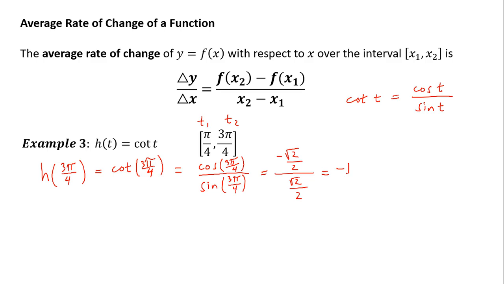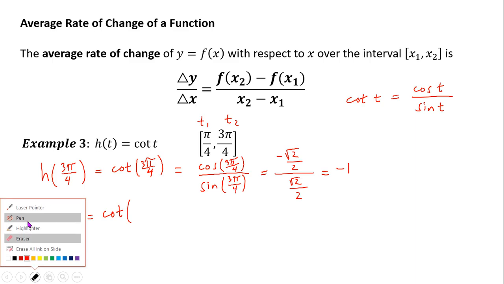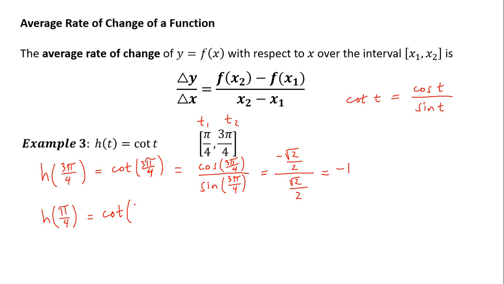Alright, so we can also solve h of pi over 4 in similar manner. So this is pi over 4 instead of 3 pi over 4.